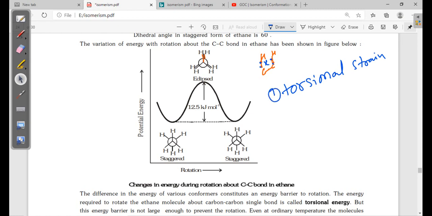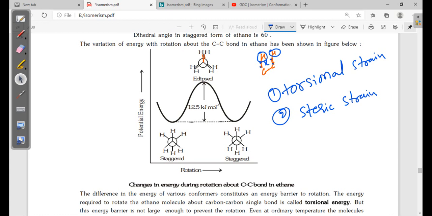The second thing is that a hydrogen is exactly behind, which means it is the nearest, at less distance. So here there are van der Waals repulsions, group repulsions, steric hindrance, we can say steric strain. Due to these two repulsions, this is very unstable.